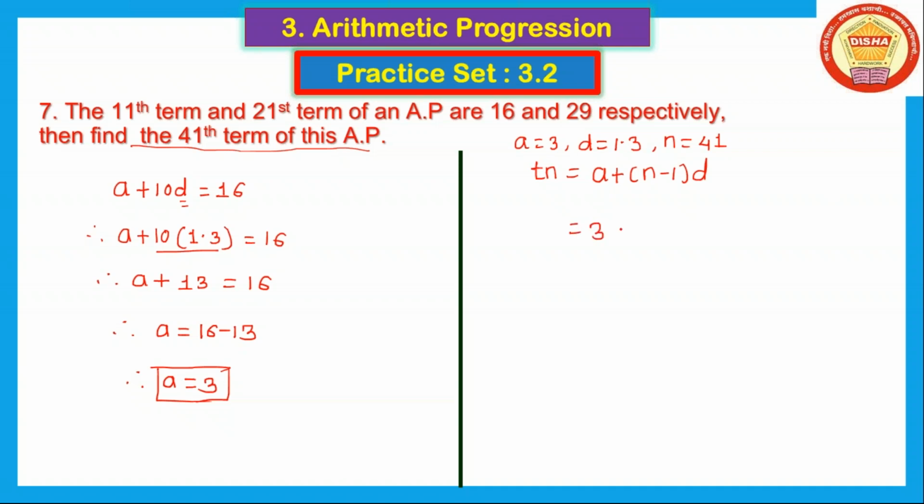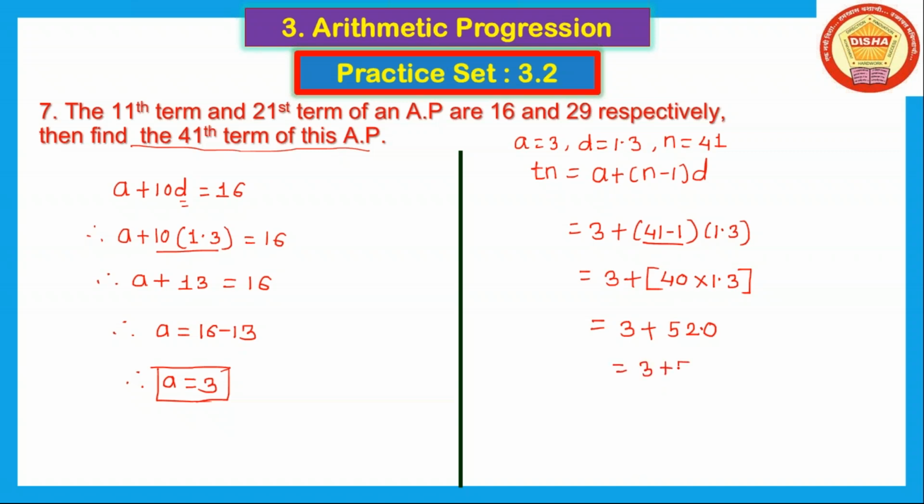Tn is equal to 3 plus 41 minus 1 into d, which is 1.3. 41 minus 1 is 40, and in between them is multiplication, into 1.3. Then we do the multiplication of both numbers, that is 13 fours are 52. The decimal place we write as it is.